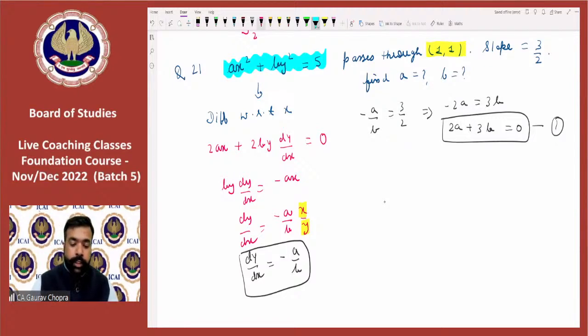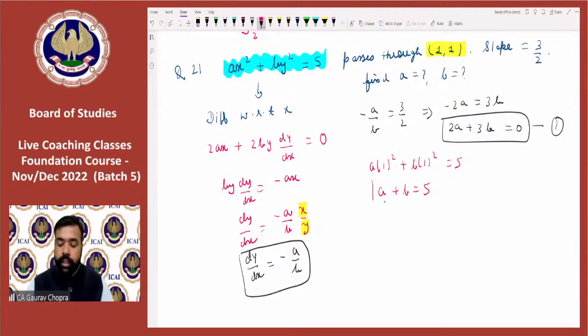So we can substitute the value of 1 comma 1 in the given equation. So a into 1 square plus b into 1 square is equal to 5. So a plus b is equal to 5. This is equation number 2. Now we can solve both the equations and get the result.